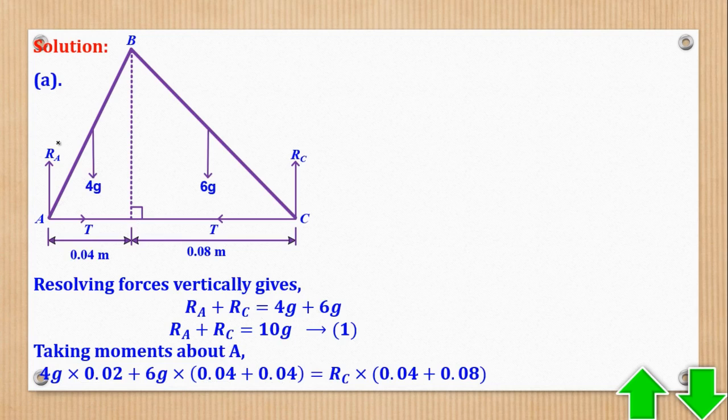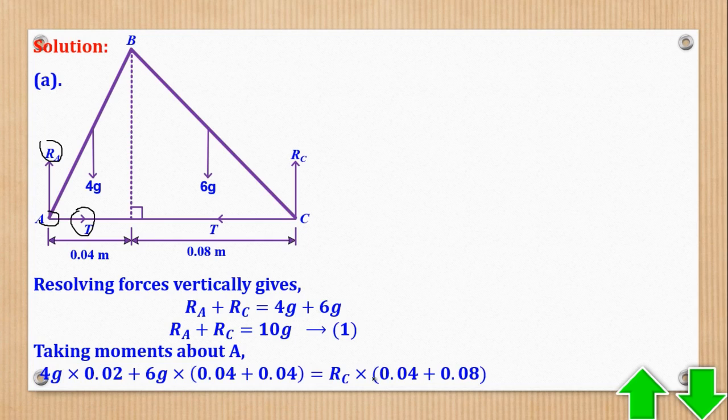So those are the forces which are clockwise, because when I stand here, this moment will be clockwise, and also this will be clockwise. But this one will be anti-clockwise, so it will be on the other side. And this tension will have zero moment because it passes through the pivot, and also this one will have zero moment because it passes through the pivot.